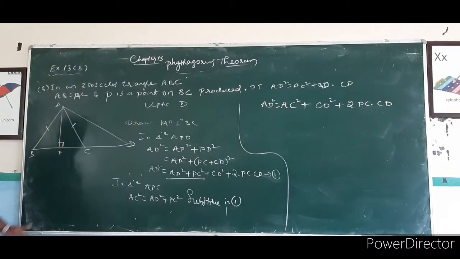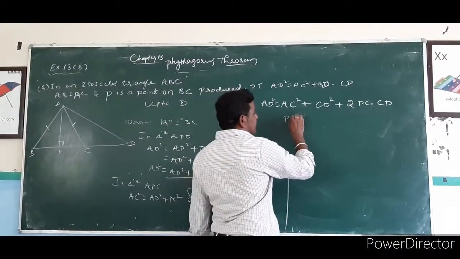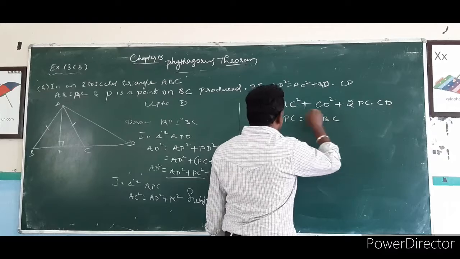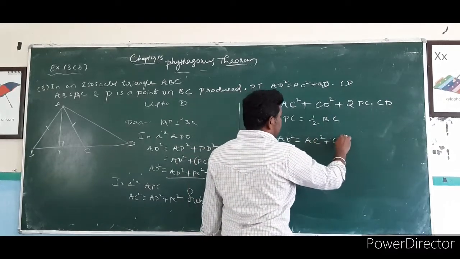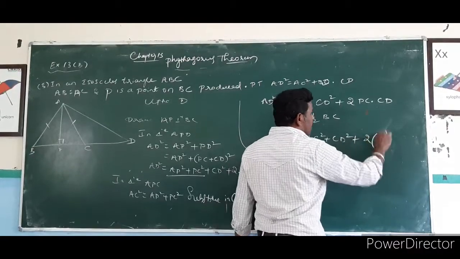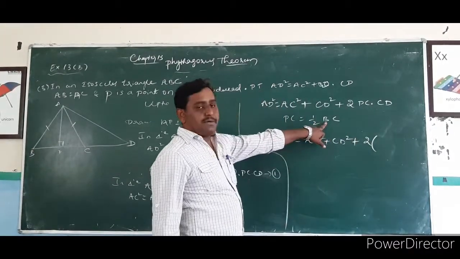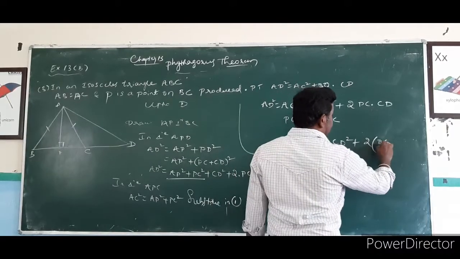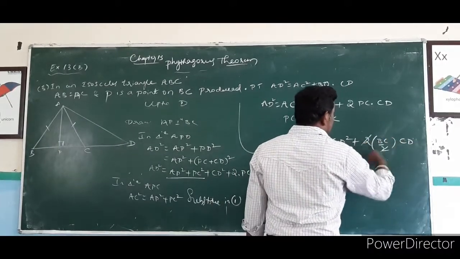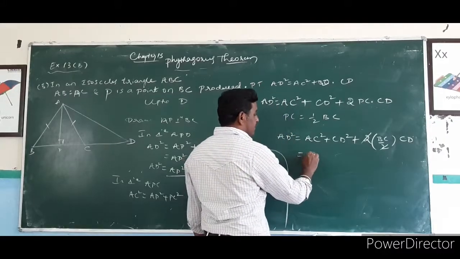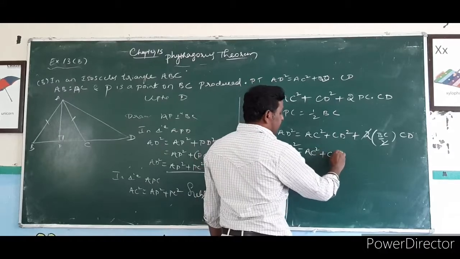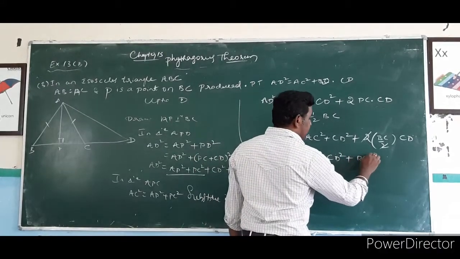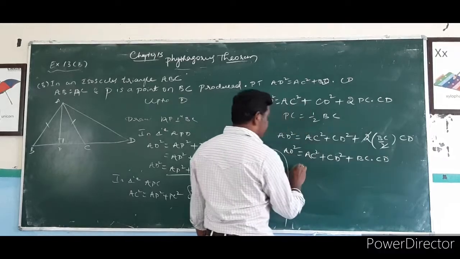Here PC is equal to half of BC. Substitute in this one. AD square is equal to AC square plus CD square plus 2, in the place of PC we can substitute half of BC, BC by 2, CD. 2 get cancelled here. What is remaining here? AD square is equal to AC square plus CD square plus BC into CD.